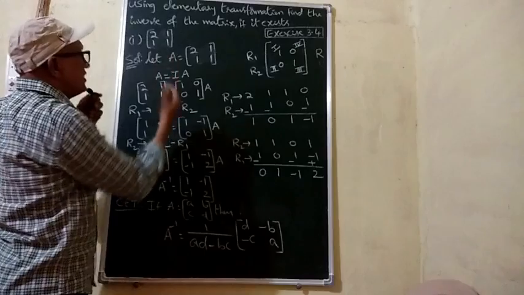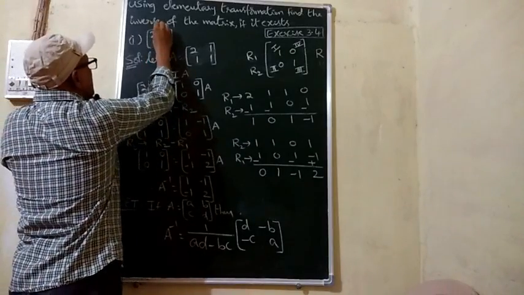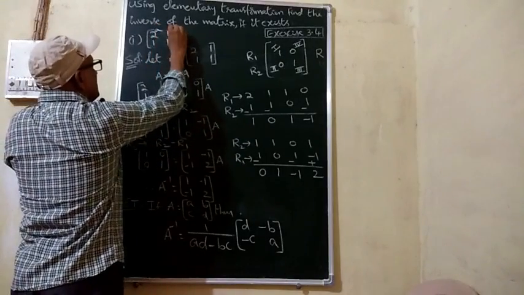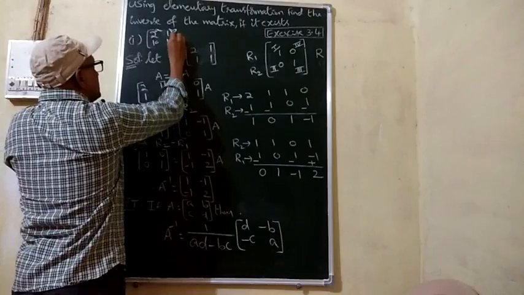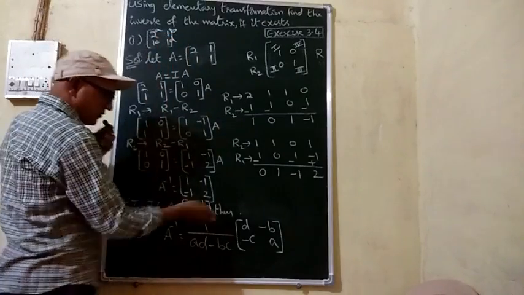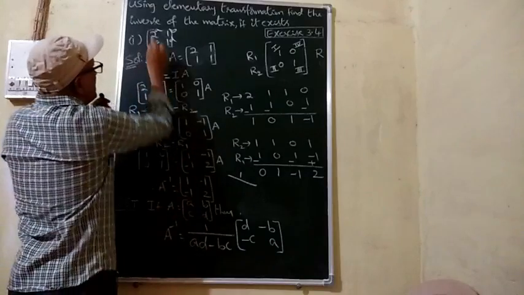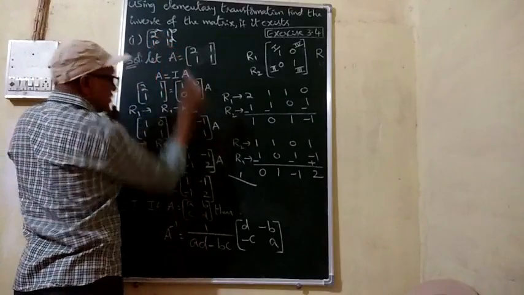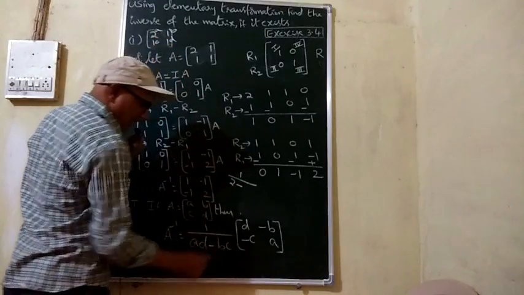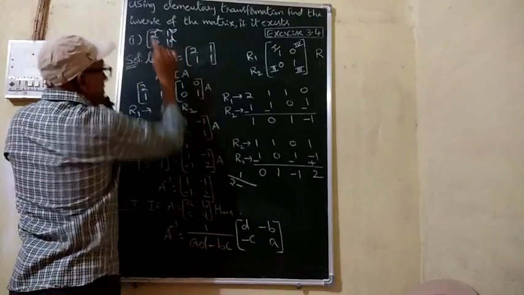For the present question, this is A value, this is B value, this is C, this is D. Now substitute. 1 by AD minus BC. A into D is 2 into 1, 2. Minus B into C, 1 into 1.